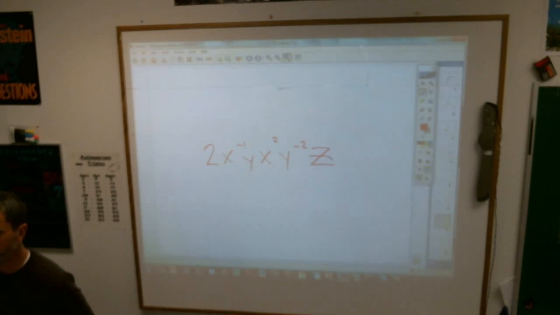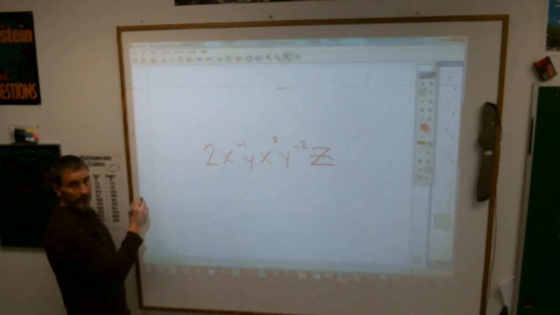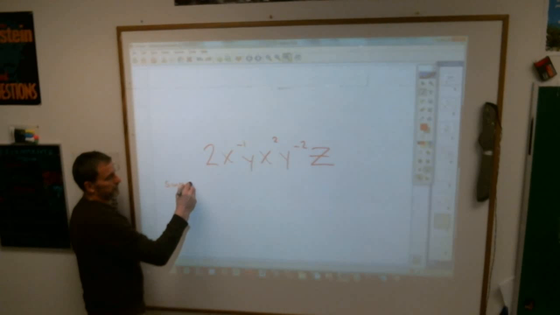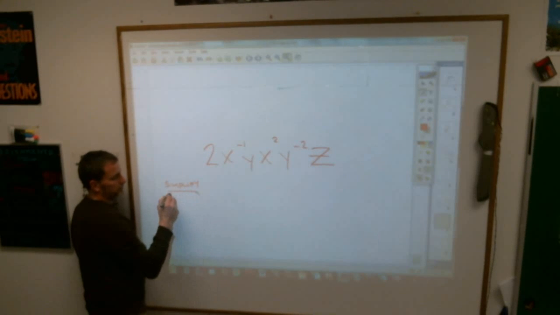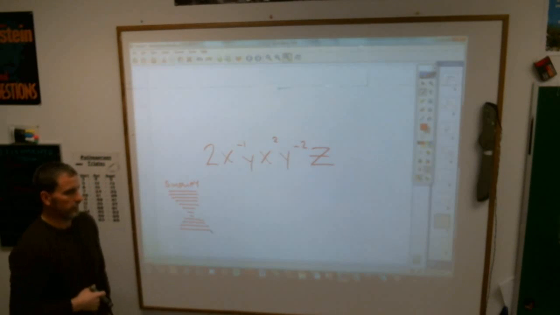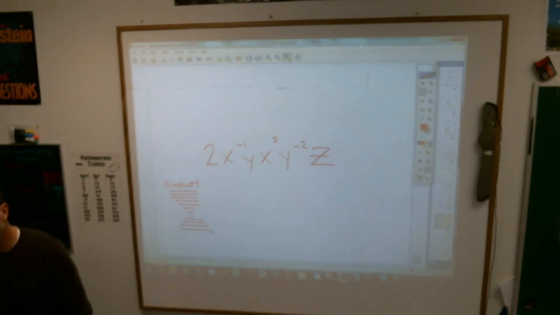If I asked you to simplify that, tell me what you think you'd get for an answer. Now remember, the book will tell you this. You're not allowed to leave any negatives in your exponents in your answer. You can't have a negative exponent in your answer.